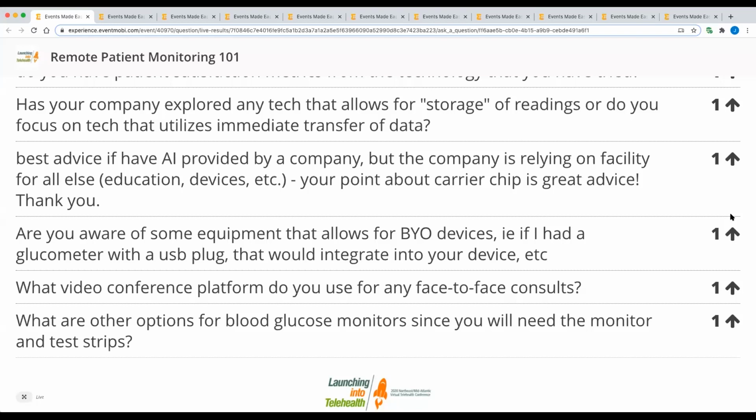So a lot of the brands of glucometers that are out there on the market for patients to purchase, a lot of these device vendors have created a dongle or a connector that you plug into the glucometer, and it would transmit the data electronically.